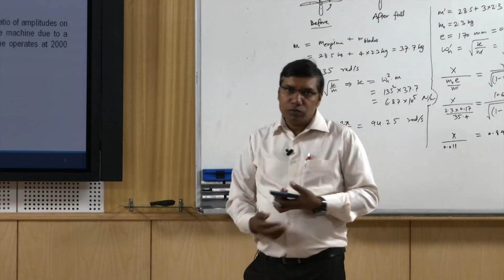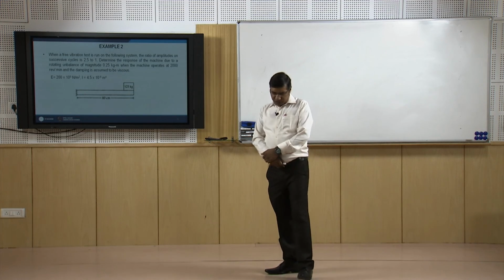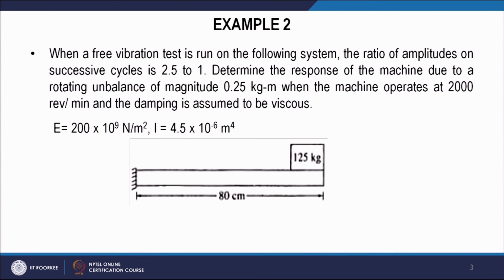So example 2. Here in example 2 it says that when a free vibration test is run on the following system, the ratio of amplitudes on successive cycles is 2.5 to 1. Determine the response of the machine due to a rotating unbalance of magnitude 0.25 kgm when the machine operates at 2000 rpm and the damping is assumed to be viscous. So here we have a system having viscous damping.